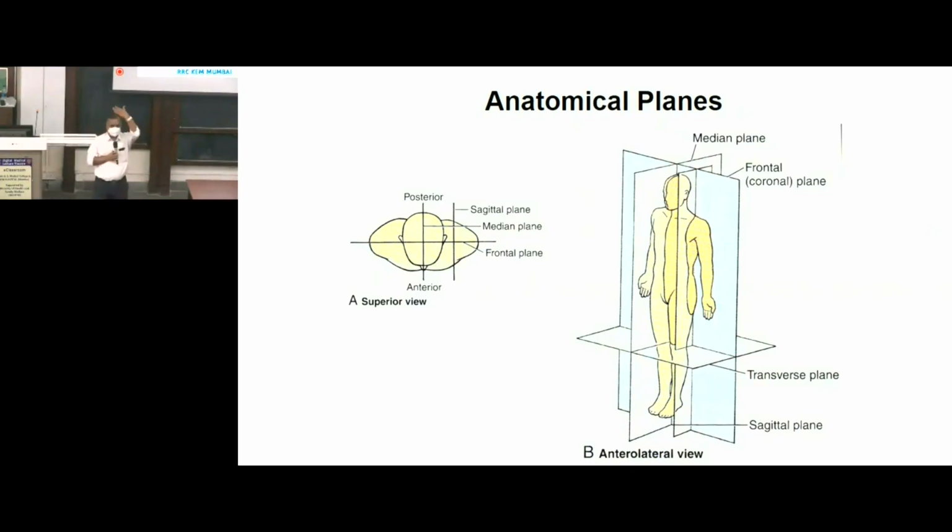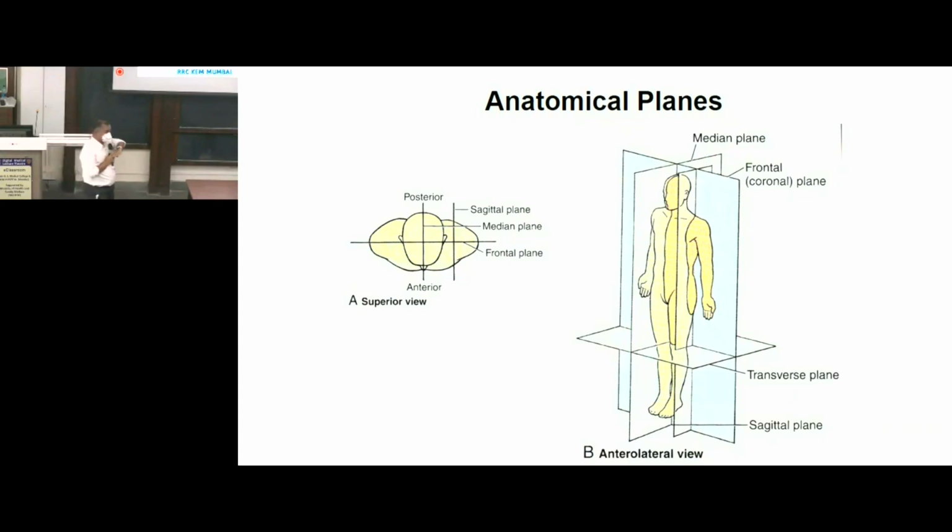Then, a perpendicular plane to this median plane, which cuts the body into a front half and a back half, is parallel to the coronal suture of the skull. This is called the coronal plane or frontal plane. And since the body is three-dimensional, there has to be a third perpendicular plane, which is this.